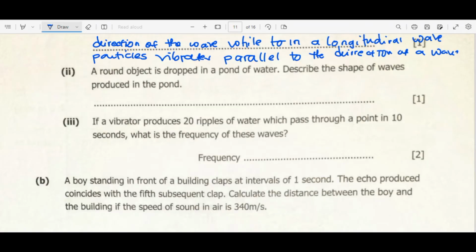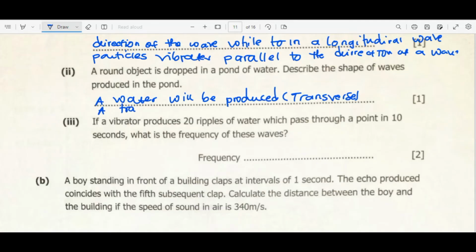So say a water wave will be produced. Then we are saying this is a transverse wave, or if we want we can say a transverse wave will be produced.